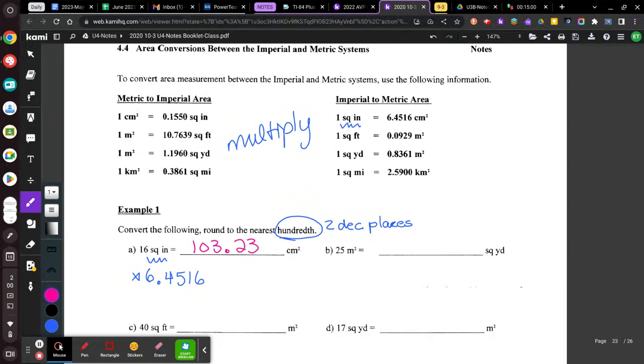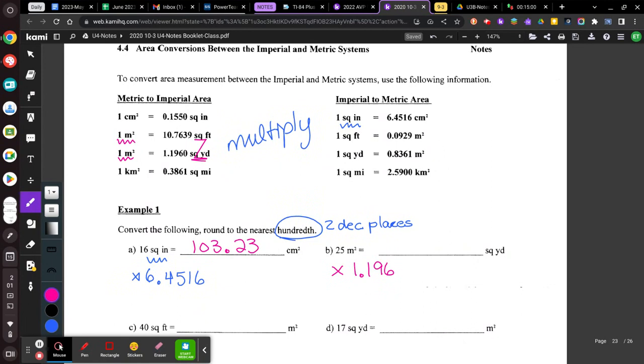centimeters squared. Moving right across, we're going to do meters squared to squared yards. So now we're on the other chart on the left, and we're going to find meters squared and squared yards. I want squared yards, so that gives me the number 1.1960.